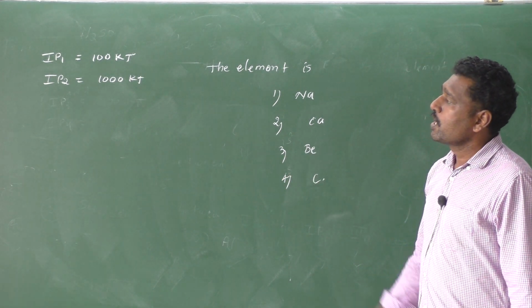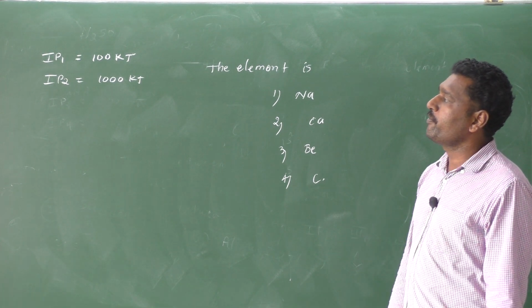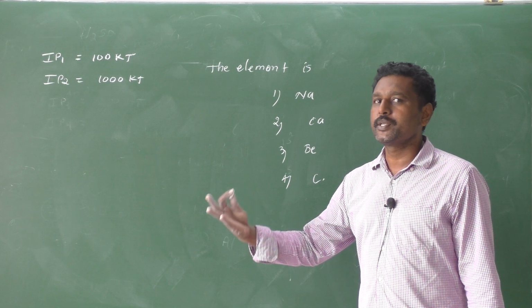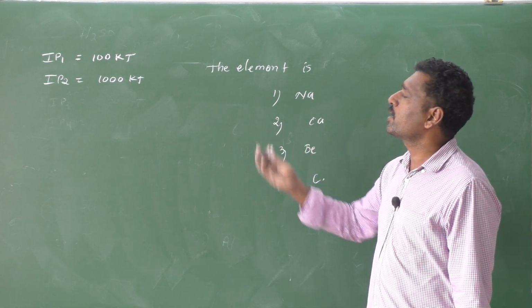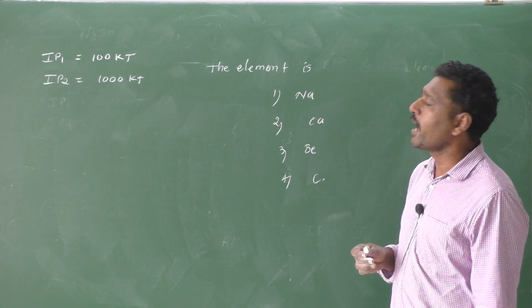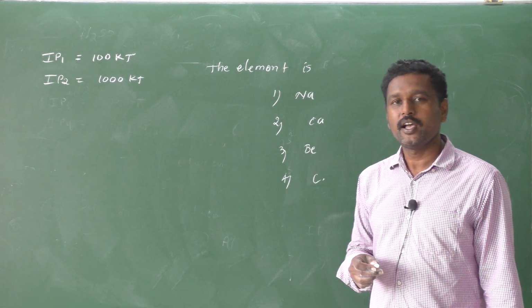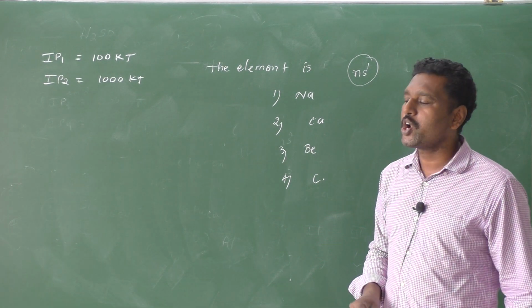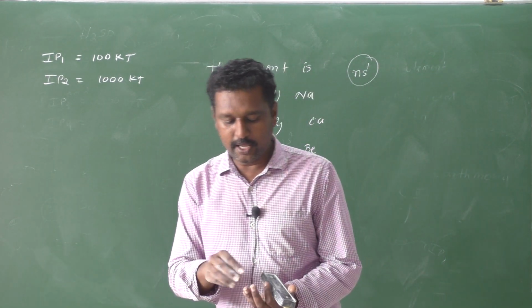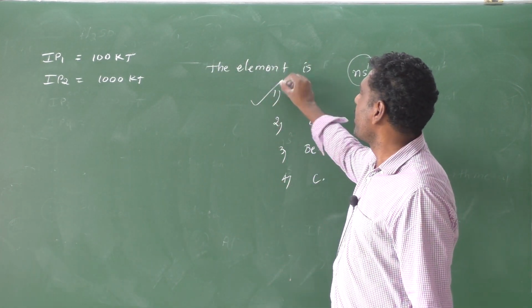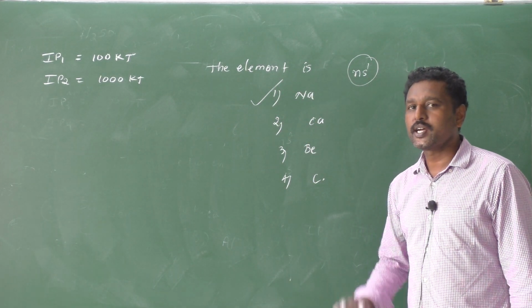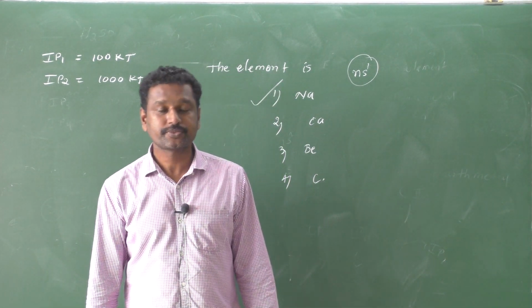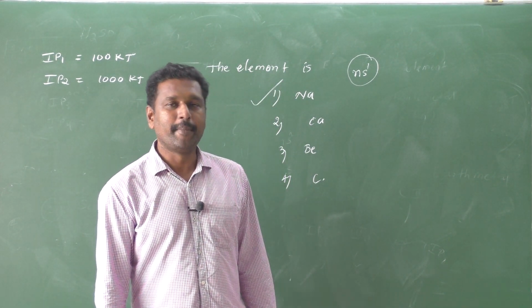So here there is a sudden jump between IP1 and IP2. Therefore we consider that it has ns1 electronic configuration, for the first A group element, that is sodium. A sudden jump between first and second means it belongs to alkali metals.